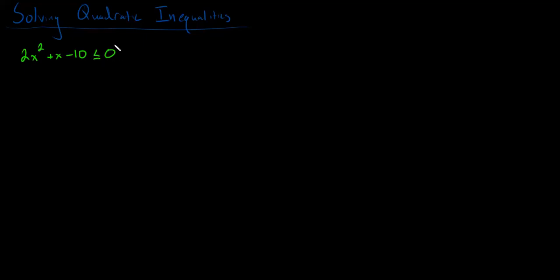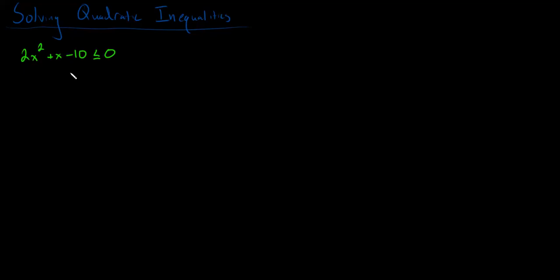Just like with a quadratic equation, you want to have everything on one side and 0 on the other side. So if there was a 5 or a 2x on the other side of the inequality, make sure you bring that over. But in this case, it's already in standard form, which is what we want.